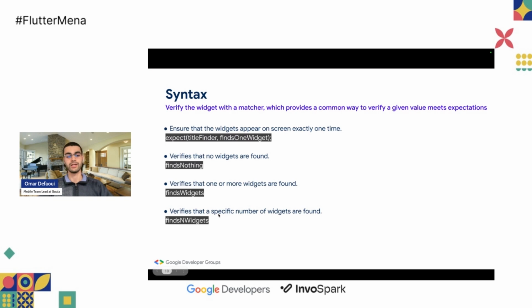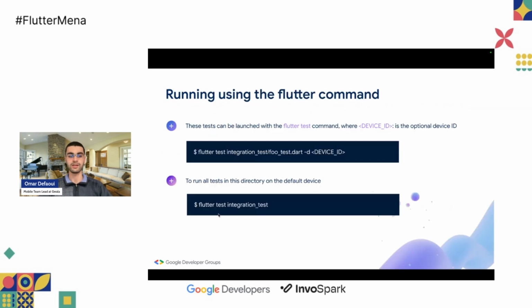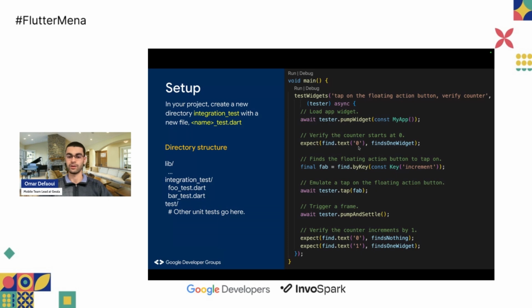Okay, so now that we presented the finders, the matchers, and the basic syntax, you should now have a clear idea about what this code does. This is just a test for the basic counter app that we always have when we create a new Flutter project. The first thing we do is launch the My App widget, which is the root widget of our Flutter application.